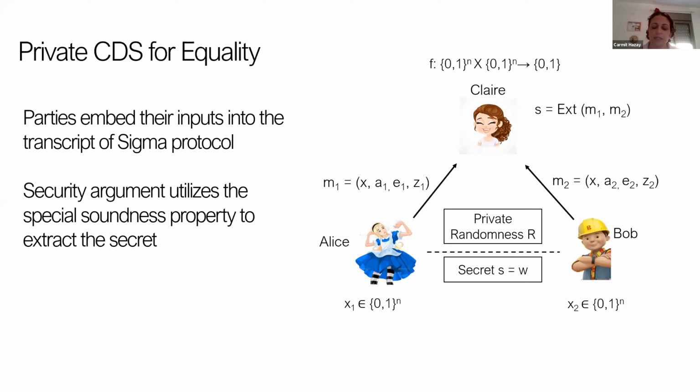And the idea is that if we have multiple transcripts, we can extract something, and we use it to extract the secret. So we use slightly different ideas for achieving equality and inequality, but around the same ballpark of constructions. So this was just a taste of the constructions we achieve, and that's it.